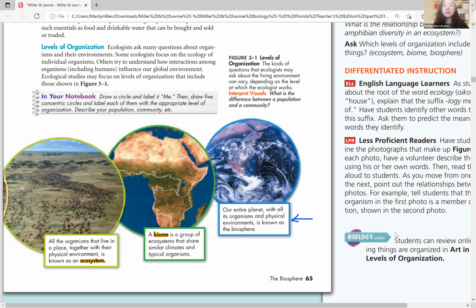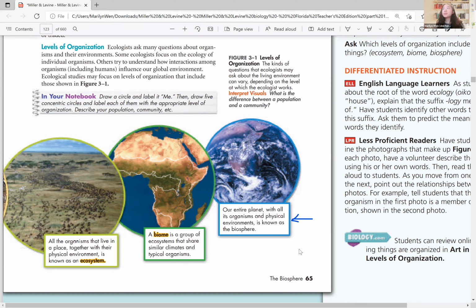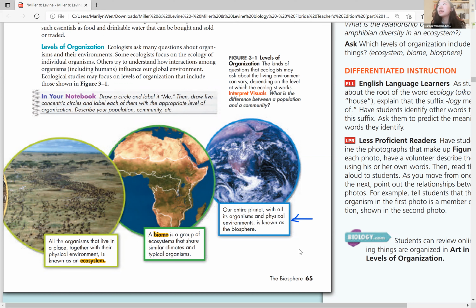So a biome is a group of ecosystems. It's a bunch of ecosystems and they must be similar. And then the last one, the planet, the biosphere, is all the biomes on the planet.